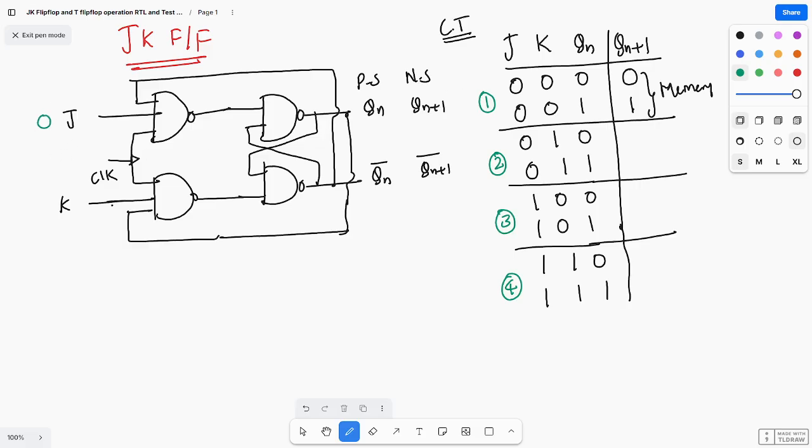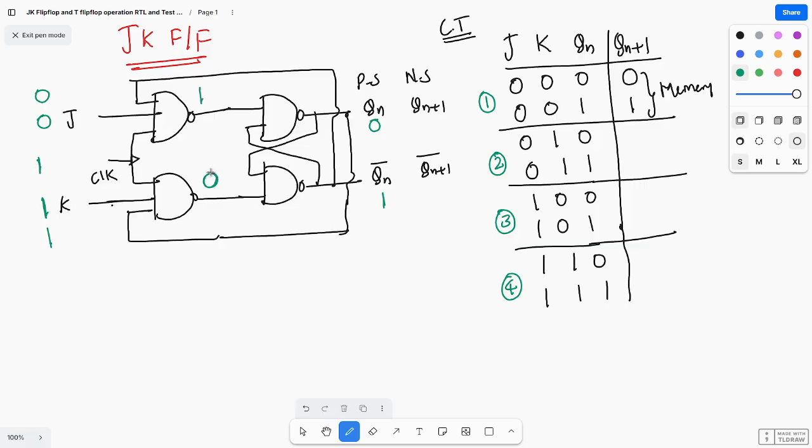J equal to 0 and K equal to 1, and anyway clock is 1 only. Let us take Qn as 0, so Qn bar becomes 1, no? So this will be feedback. So that means this becomes 1, and anyway 1 1, and this one is 0. So that means 0 0, this AND operation, 0 bar means here you are getting 1. So 1 AND operation means what? 1 bar means you are getting 0.